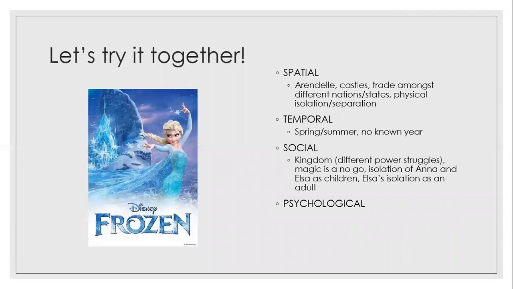The difference between the royalty and the citizens, how is that life different? There's also the power struggle of who is deserving of the power. Is Elsa really deserving of that power? Do the citizens support her, or do they think that she is not fit to be queen?